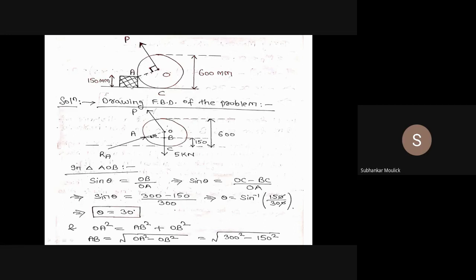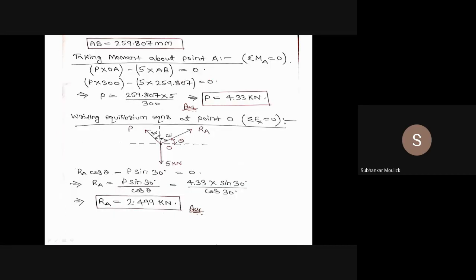So in that case, if we take moment about point A, because in the question I need to find the minimum value of force P such that the wheel should topple from point A, that means point A is the heart of this problem. So if I take moment about point A and equate it equal to 0, then what will come?